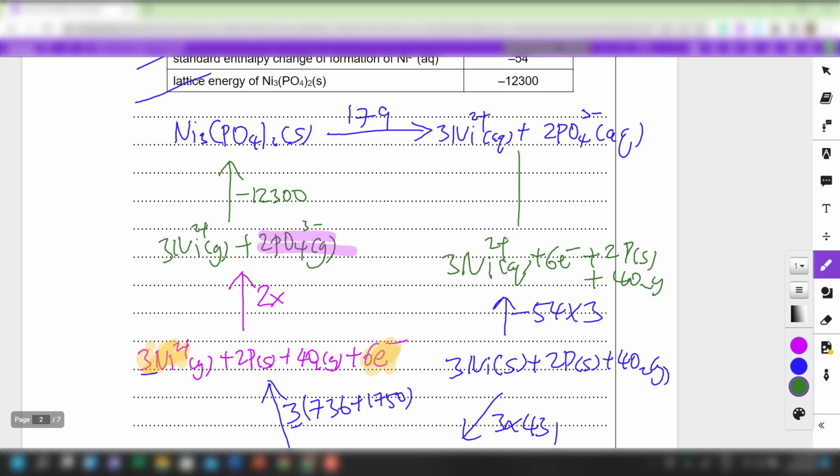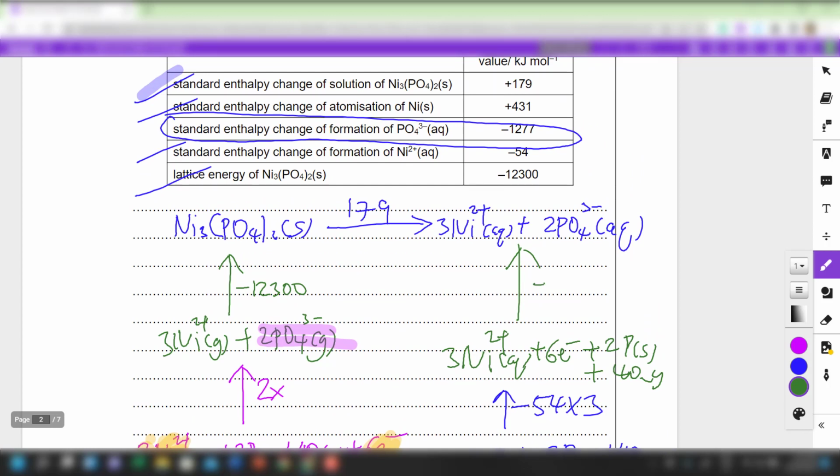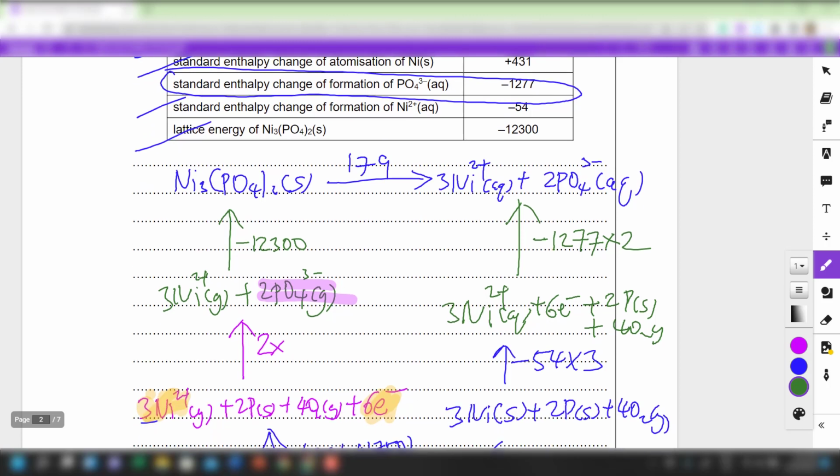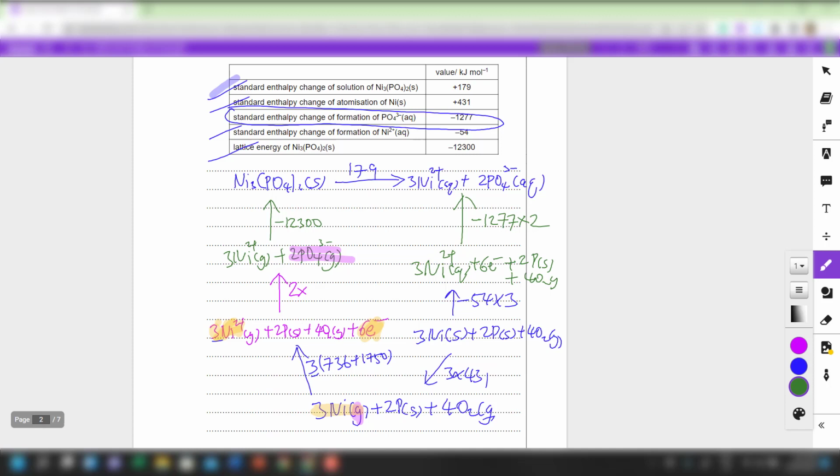And then I'm going to close up everything. That will be negative 1277 multiplied by 2 because 2 equivalents of phosphate are being formed. So that's it. I get a completed cycle and I avoided the trap.